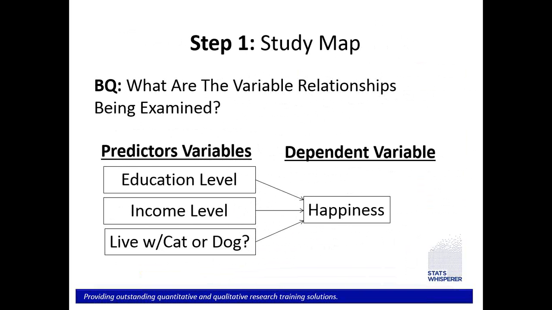Now that sounds simple, but there are many articles where you can't actually identify that. So that's why we like to do this step 1, before we get to step 7, the write-up and report. So we do this as step 1, so by the time we get to step 7, it's very lucid.